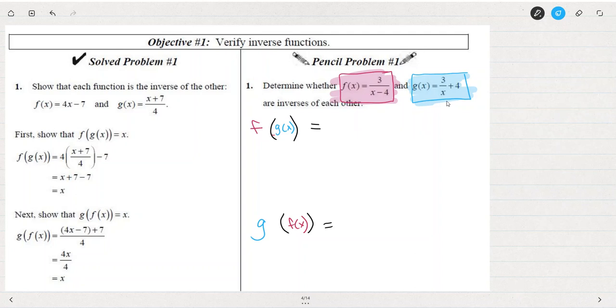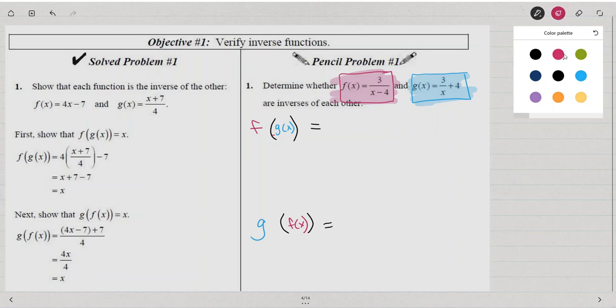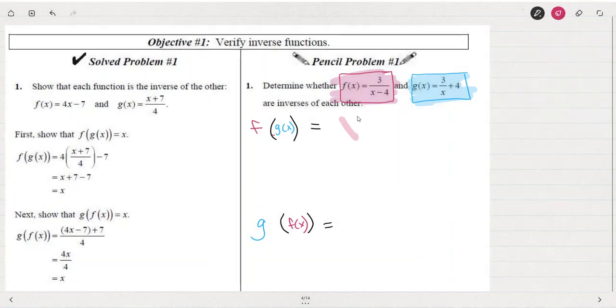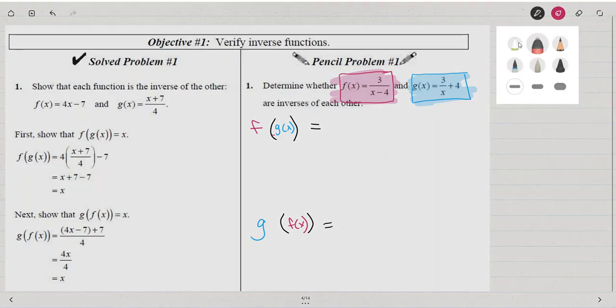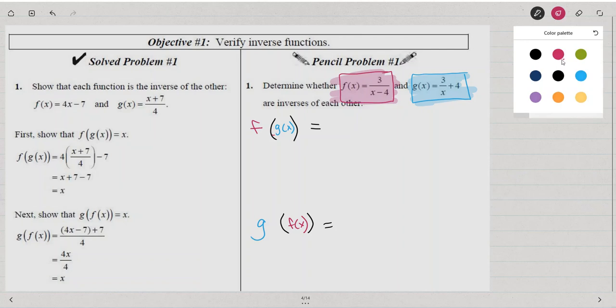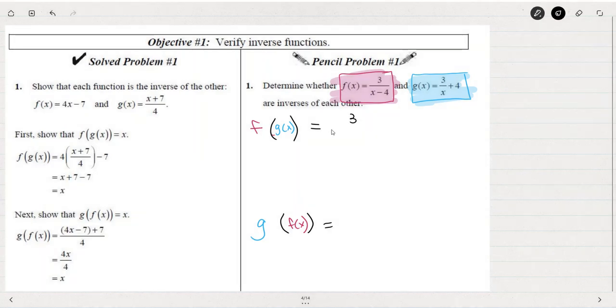By definition, if both compositions, f of g of x and g of f of x, end up being x, then what we can say about the two functions is that they have a special relationship to one another, and that relationship is that they are inverse functions.